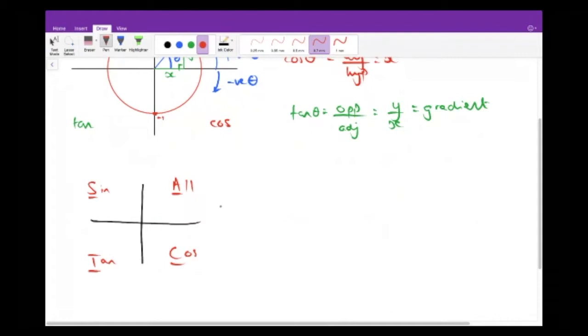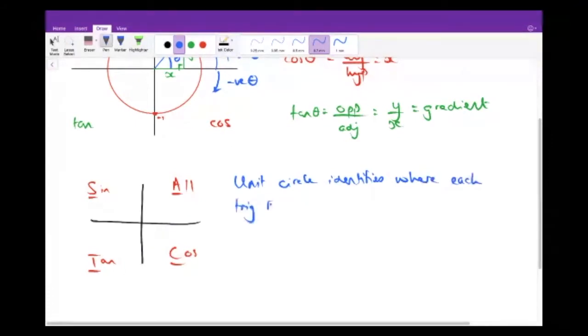Okay, so this means that if I know which quadrant it lies in, I can tell if it's positive or negative. Okay, so the unit circle identifies where each trig function is positive and negative.